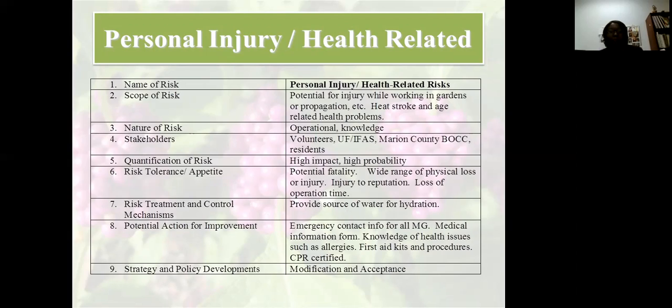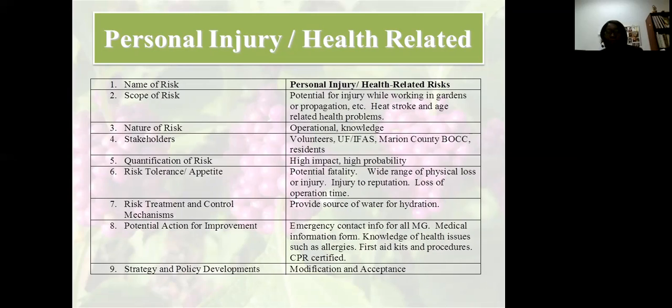So what we do for risk treatment and control: provide a source of water for hydration, and emergency contact and medical information for all master gardeners. So what allergies do they have? Do they have any special health issues or concerns?